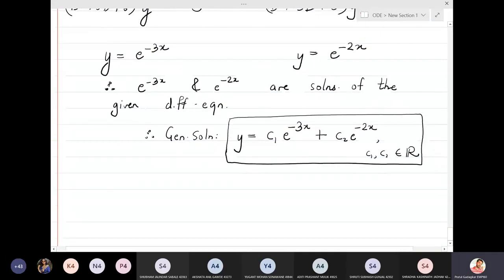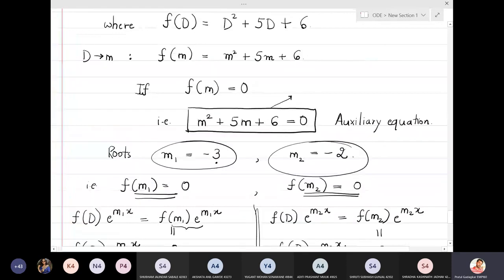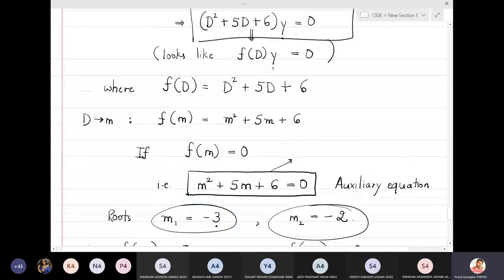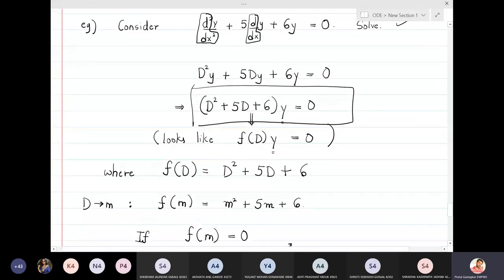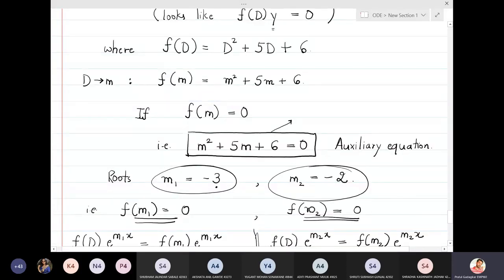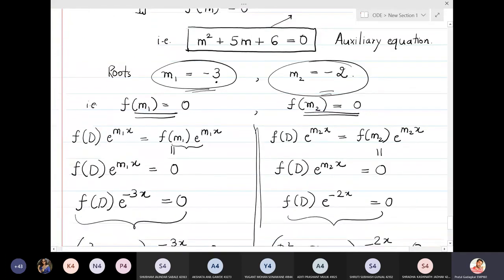So the crux of the story is that if you give me any type of differential equation with constant coefficients, I will immediately convert it into the language of f(D). From that f(D), I will find out what is f(m). From f(m), I will find the roots. As soon as I get the roots, minus 3 and minus 2, I will now not do any such thing.